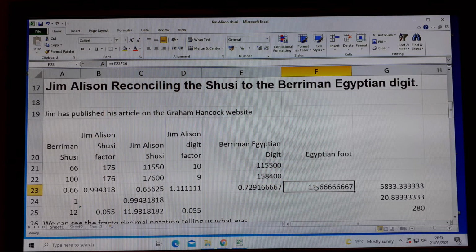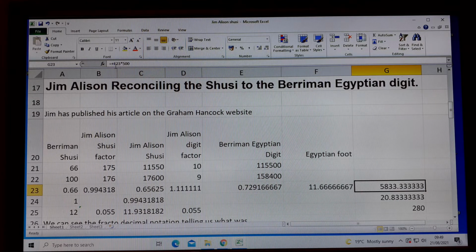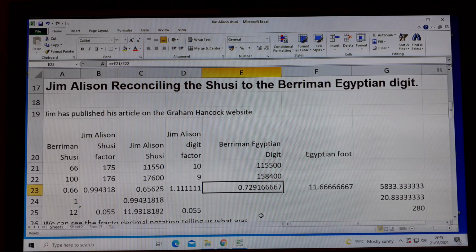The reason it's important is because when we multiply it by 500, we get 5833.333. In the new metrology, that's the height of the Great Giza Pyramid. And when we divide it by 280, we get the cubit length, which is 20.83. That's the base 100 cubit, and it's coming out of this digit.